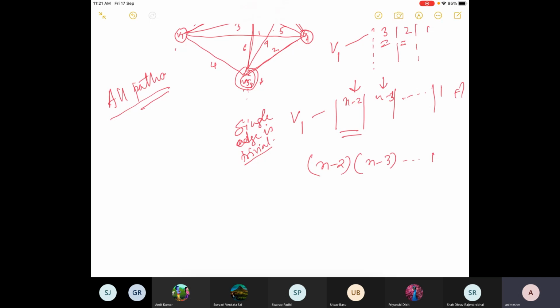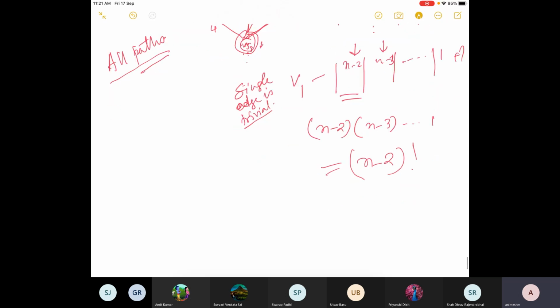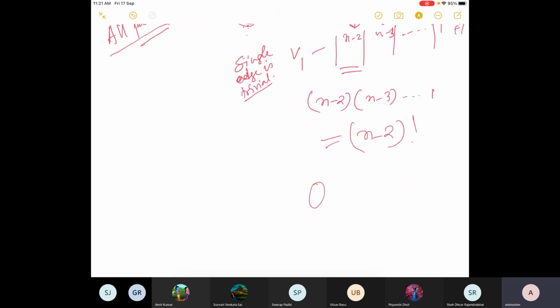Let's not try to be very specific, because finally what we are interested in is the order. So it's order (n minus 2) factorial, which is order n factorial. So these many paths you will have to compute.